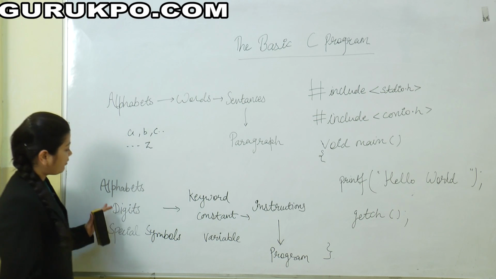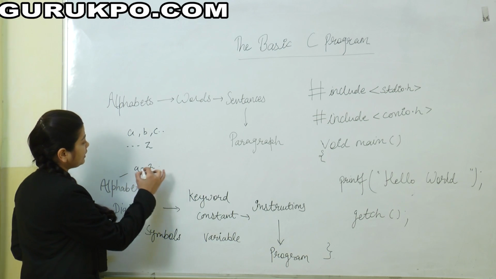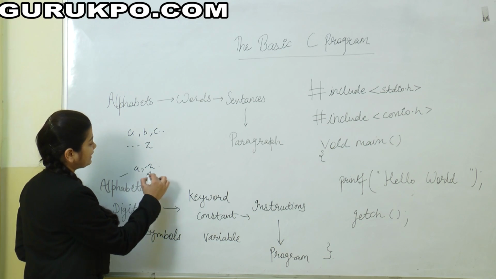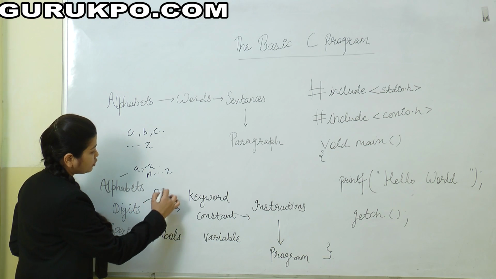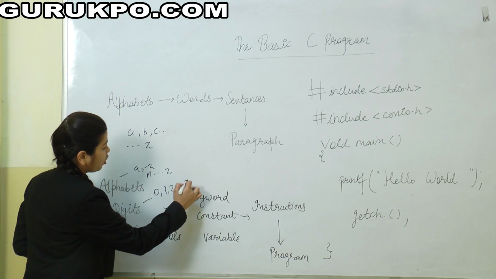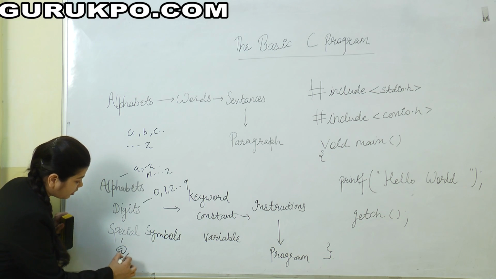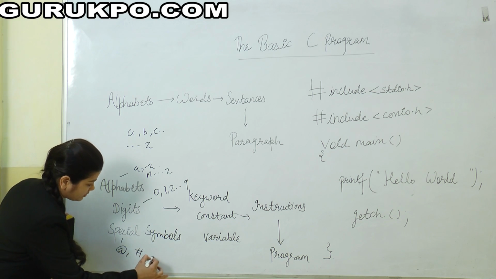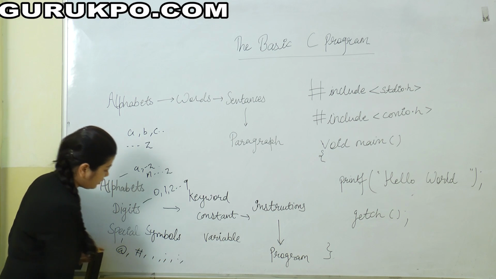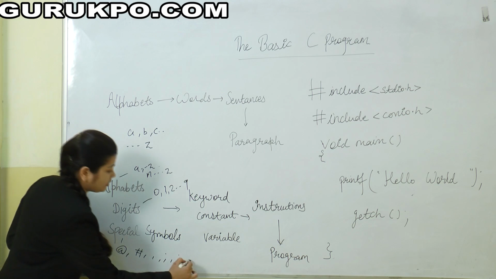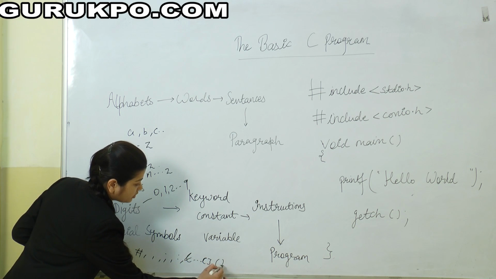The combination of alphabets, digits and special symbols. In alphabets, we include the normal A to Z alphabets, small and capital, all the letters. In digits, we include 0 to 9, all the digits, and in special symbols, we include special characters, for example comma, semicolon, colon, @, hash, and all the braces.